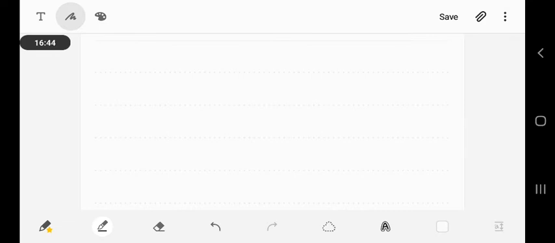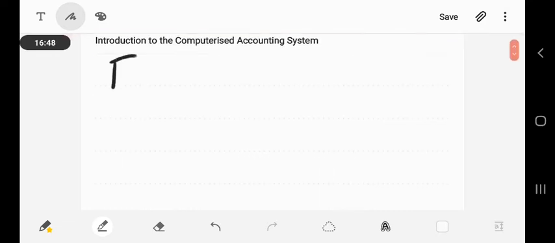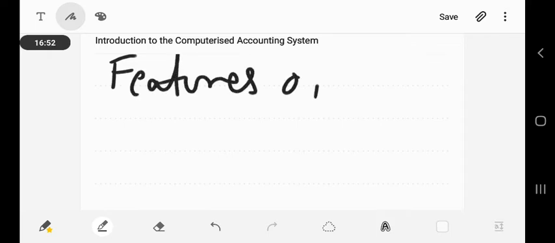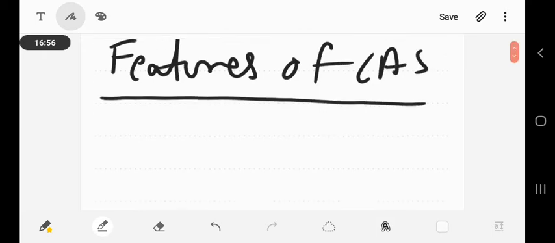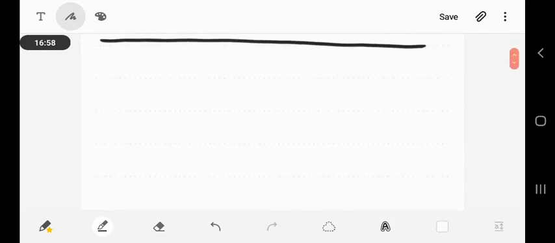Now let us see the features of computerized accounting system. What are the features of computerized accounting system? Basically, the features I can say in 5 points. Speed.